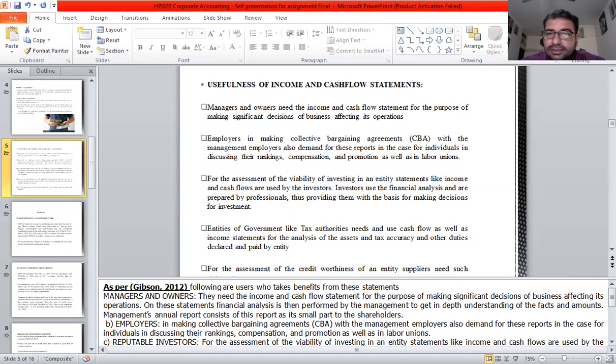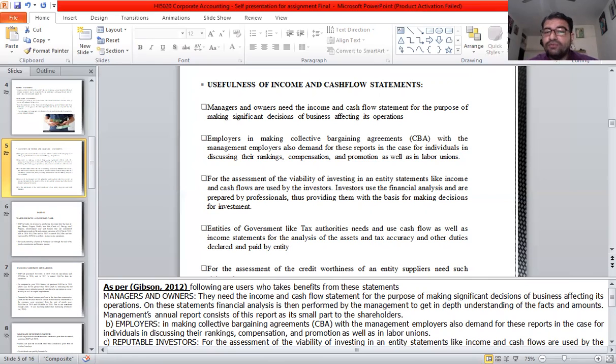For employees in making collective bargaining agreements, CBAs, with the management, employees also demand these reports in case for individuals discussing their ranking, compensation, and promotion, as well as in the labor unions.